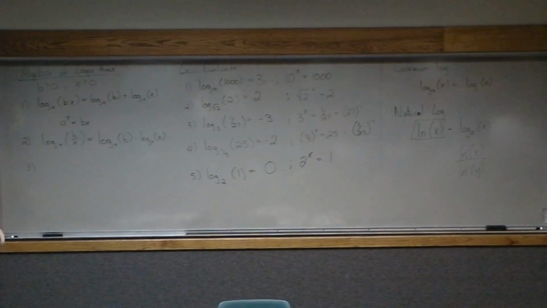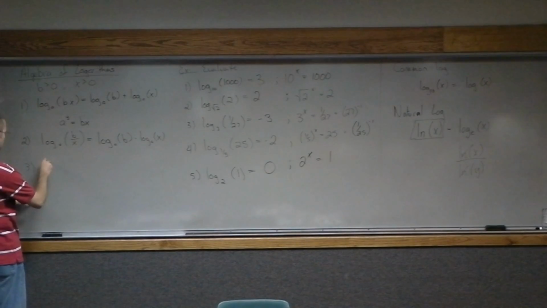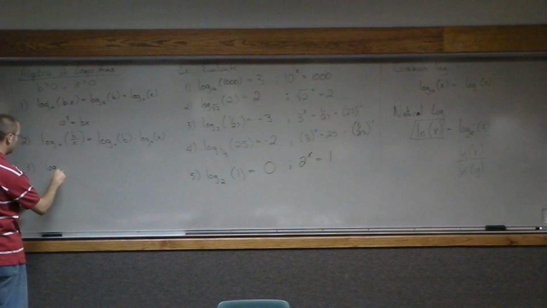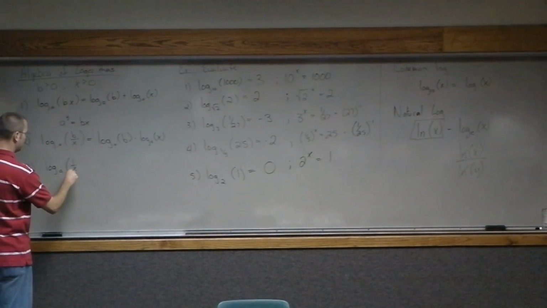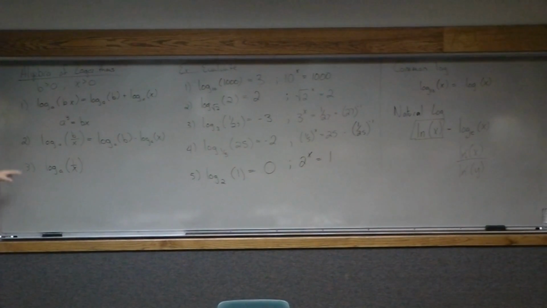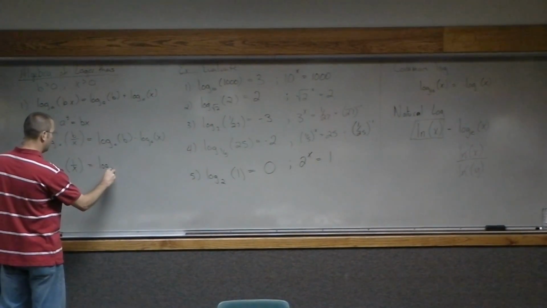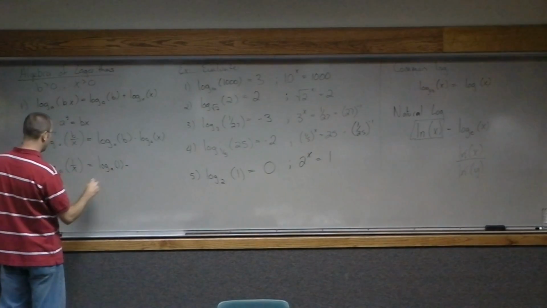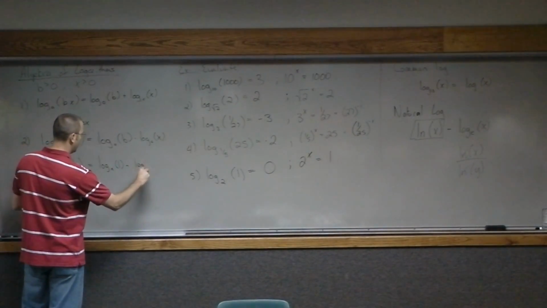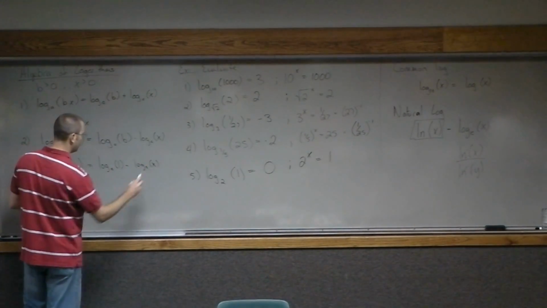Third one. This is a simple consequence of the one above it. If I take the log base A of 1 over x, well, that is the log base A of 1 minus the log base A of x.